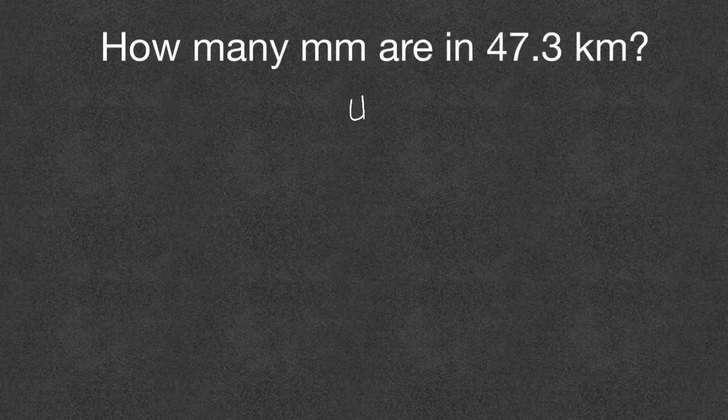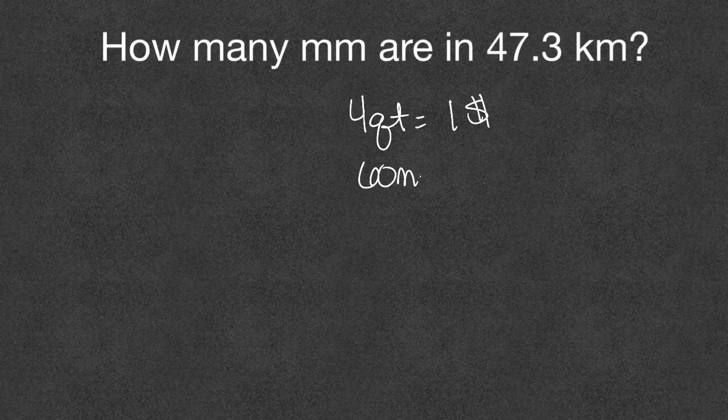For example, we could have 4 quarters is equal to $1, or we could say that 60 minutes is equal to 1 hour. These are conversion factors where the thing on the left side of the equal sign is equal to the thing on the right of the equal sign, even though the number is different and the unit is different. We're going to use conversion factors and they're going to look like fractions.